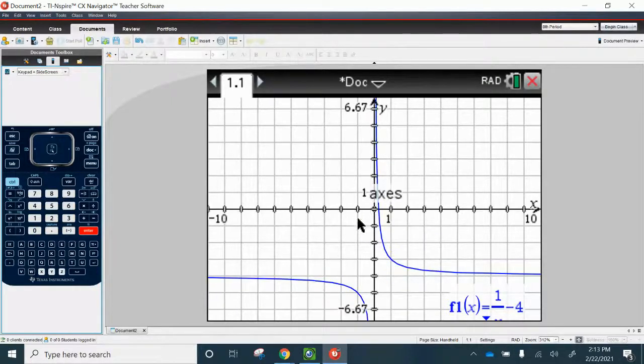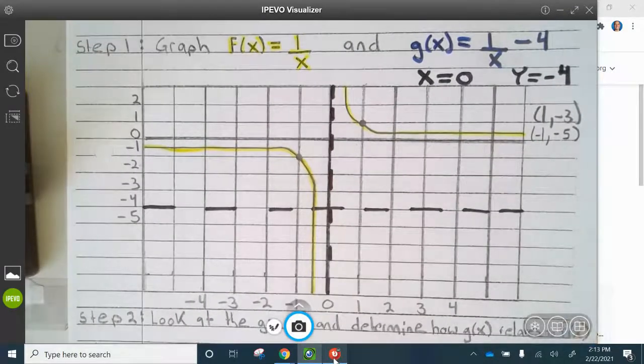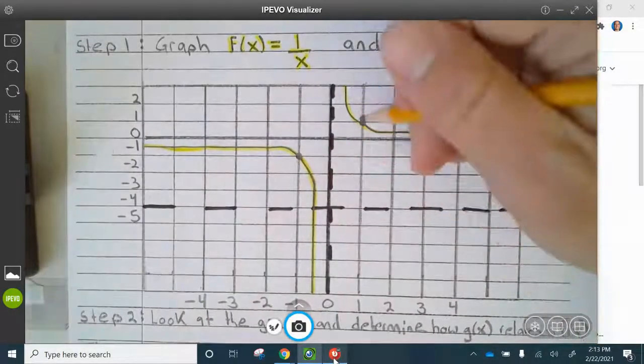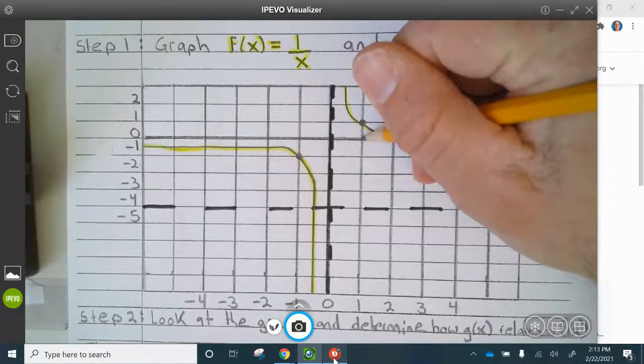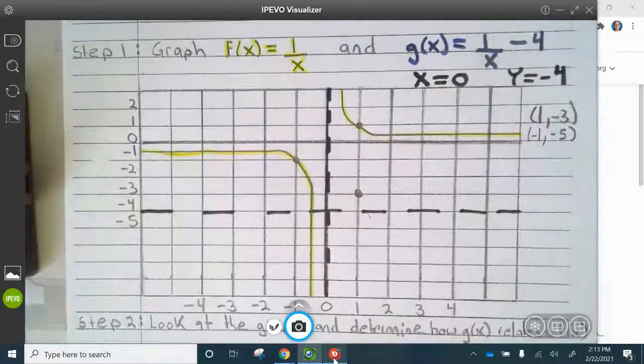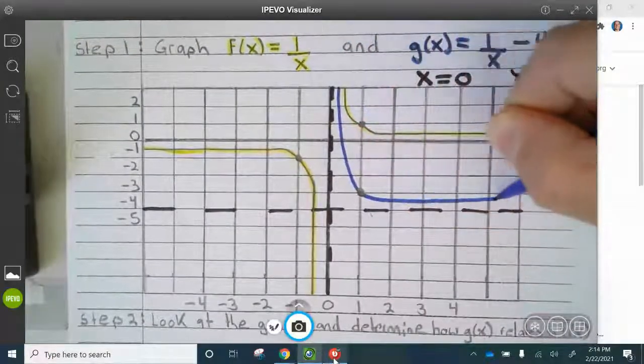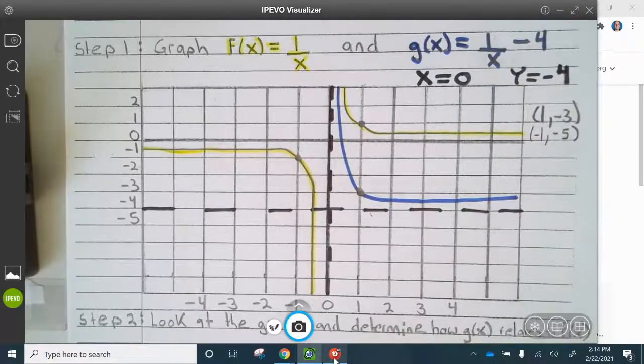Okay. So 1, -3. Since that point lies between the asymptotes, we know our curve lies between there. Okay, and then -1, -5 is right here. And we know our curve lies between the asymptotes, so here.